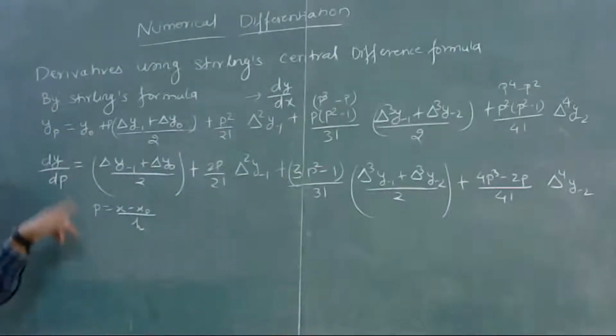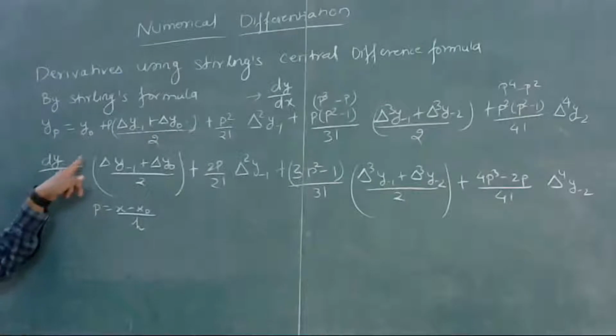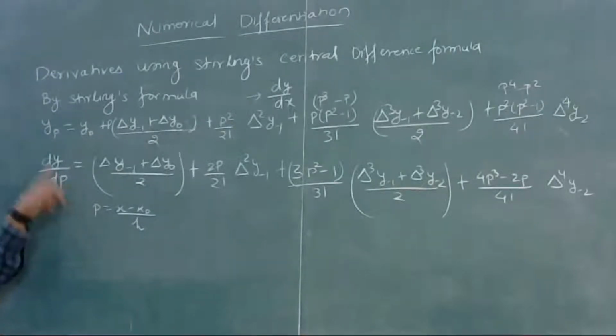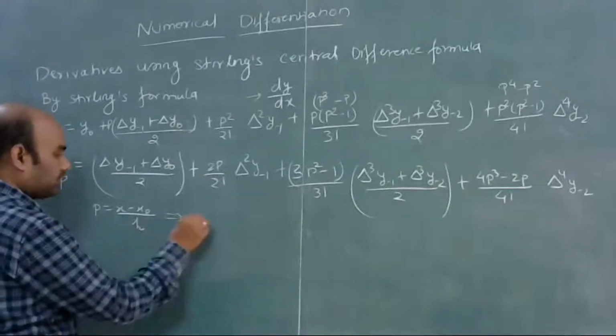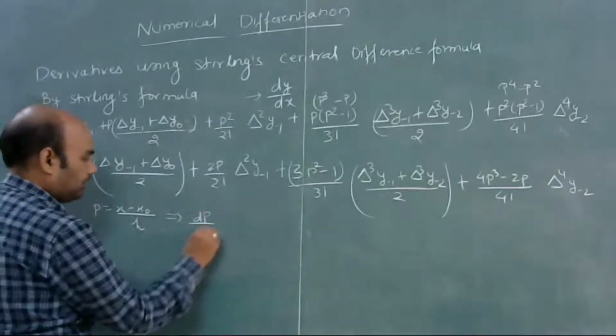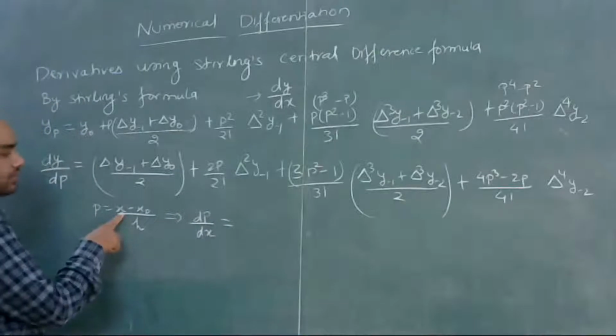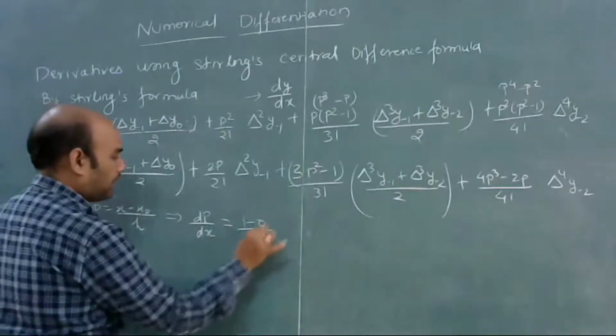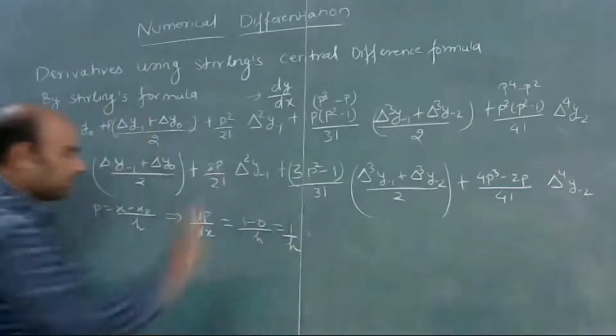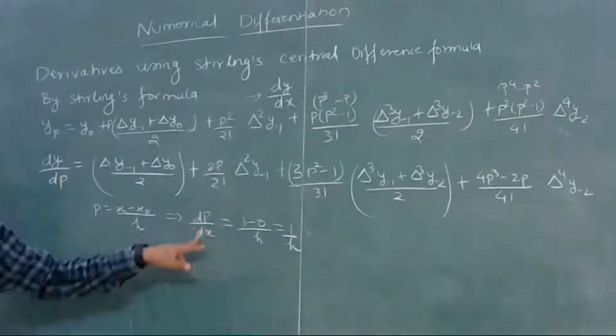So we will multiply this by dp by dx, so we will get dy by dx. Differentiating with respect to x, dp by dx will be equal to the differentiation of x with respect to x, which is 1, and x_0 is a constant, so 0, divided by h. So this will be 1 upon h. So we have done this earlier.